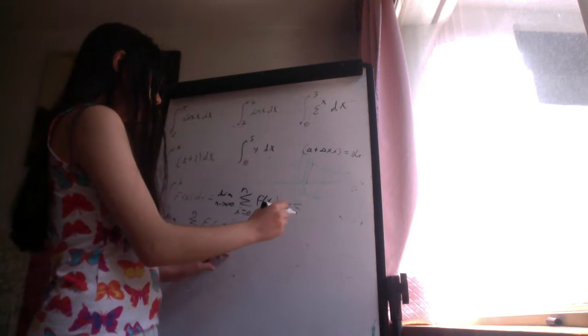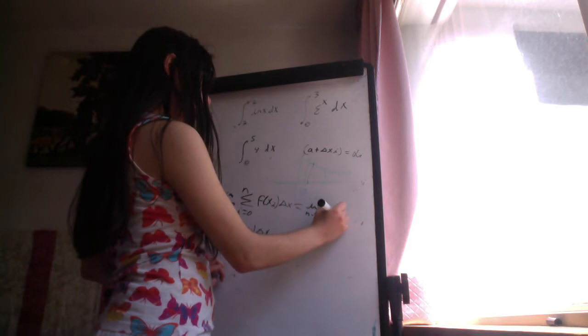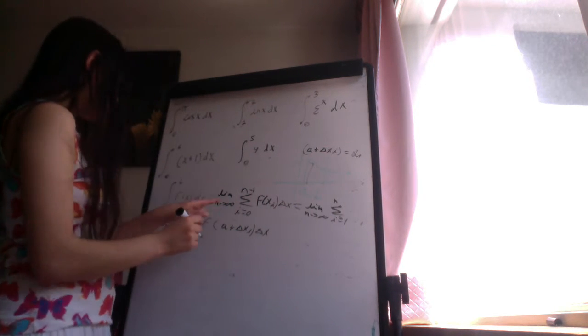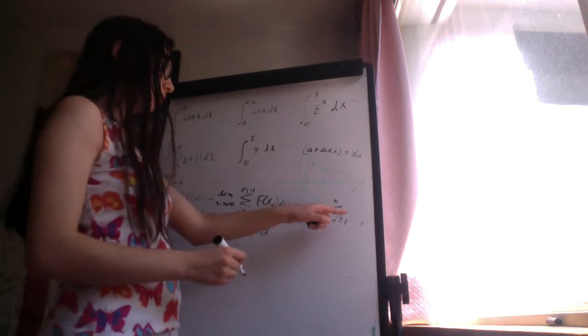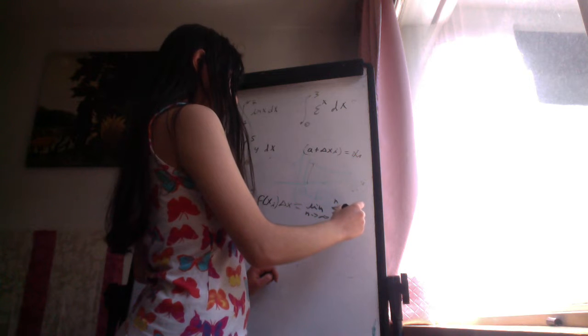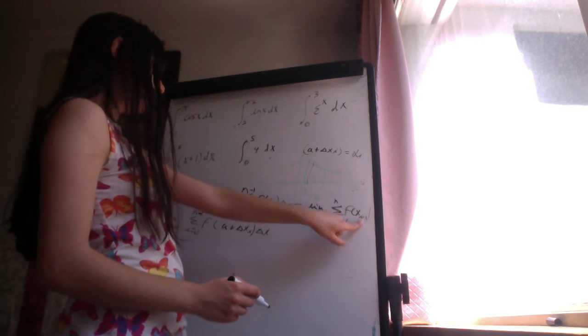Or the non-traditional way, that is the limit as n approaches infinity of the summation from i equals 1 to n of f of x sub i minus 1, because we're shifting up here, so we need to go down here.